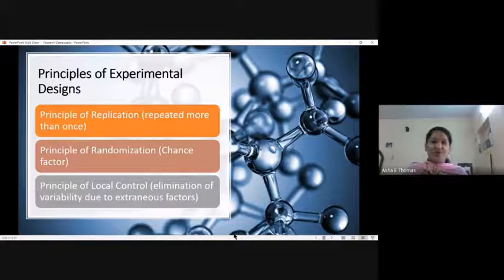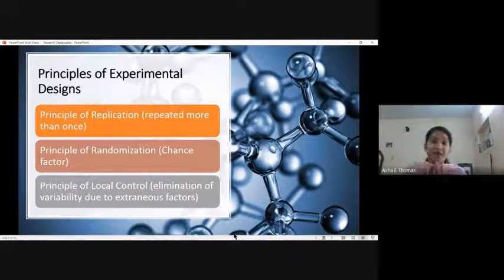Then the principle of randomization. Suppose I have a population with 100 units. The principle of randomization says that each of these 100 units has an equal possibility of being picked and allocated into different experiments, different treatments. That's called the chance factor.